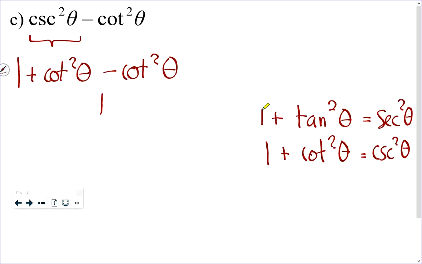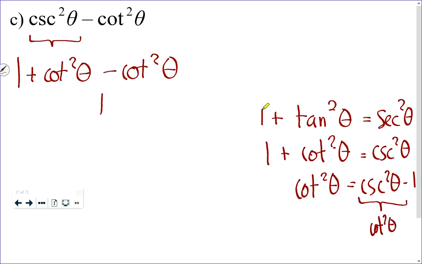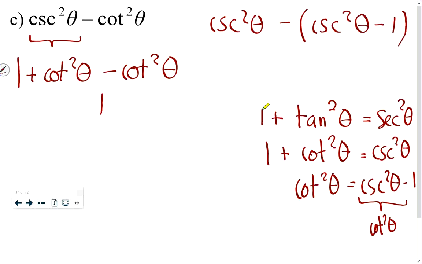Now, so we're done with this question, could you have said, if I rearrange this equation for cotan squared, to get that, and put this in for cotan squared of theta up there, would that work?